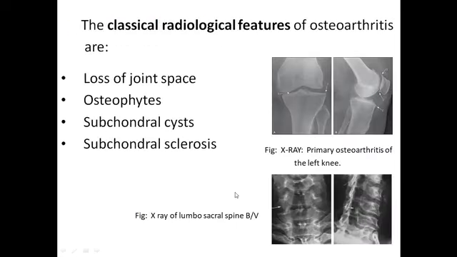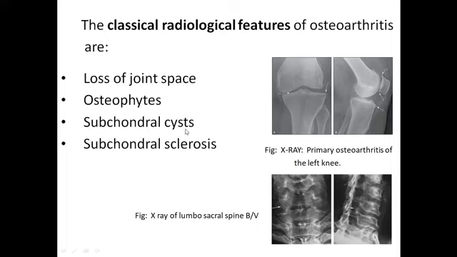You see here, the classical radiological features of osteoarthritis are loss of joint space. You see in the X-ray, loss of joint space in the knee joint, especially shown here. Osteophytes: you find osteophytes here, and also in the patellar area and in the axial lumbosacral spine, in both lateral and AP views.